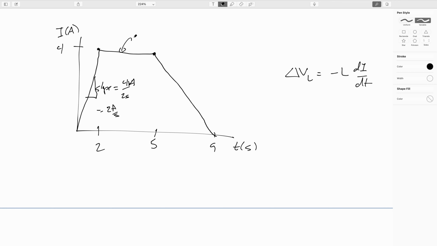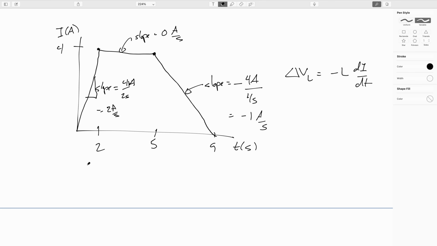Here this is flat, so the slope is 0 amps per second. And then finally here, the slope is minus, because it's going down, 4 amps over 4 seconds, so minus 1 amp per second.